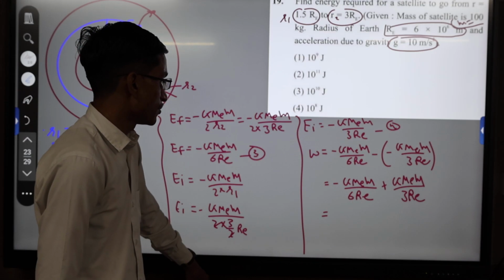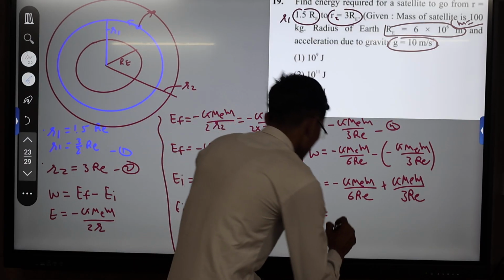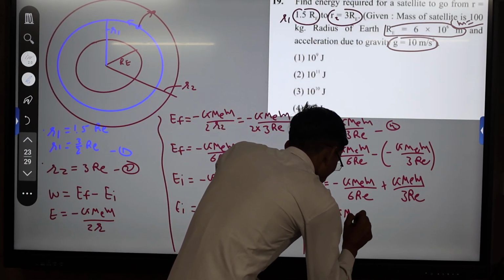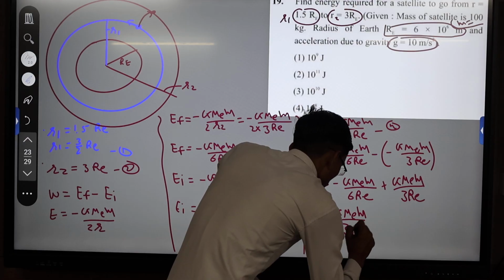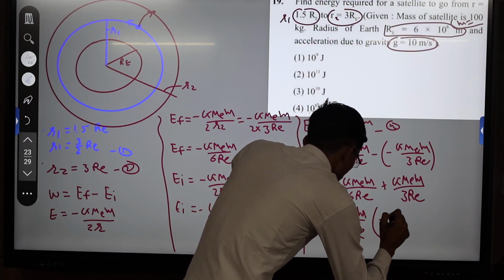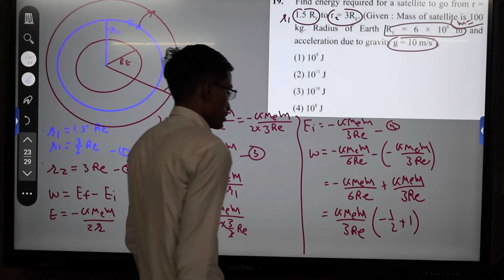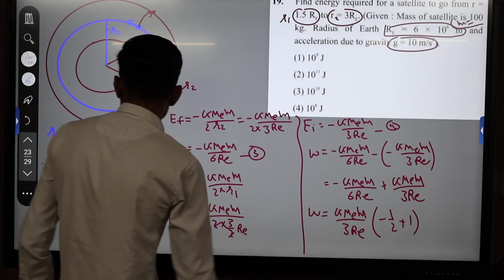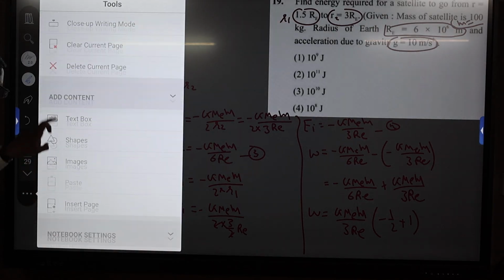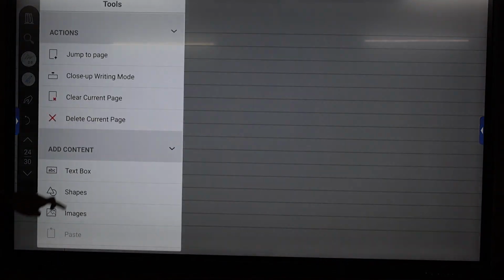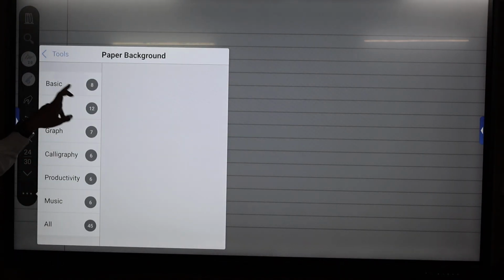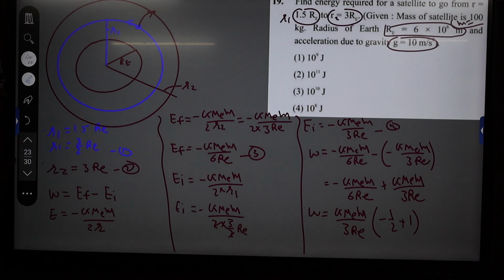There will be GMEM by 3RE common. So GMEM upon 3RE into minus 1 by 2 plus 1. This is the work done. So we have to insert a slide and change the background. Background is white.